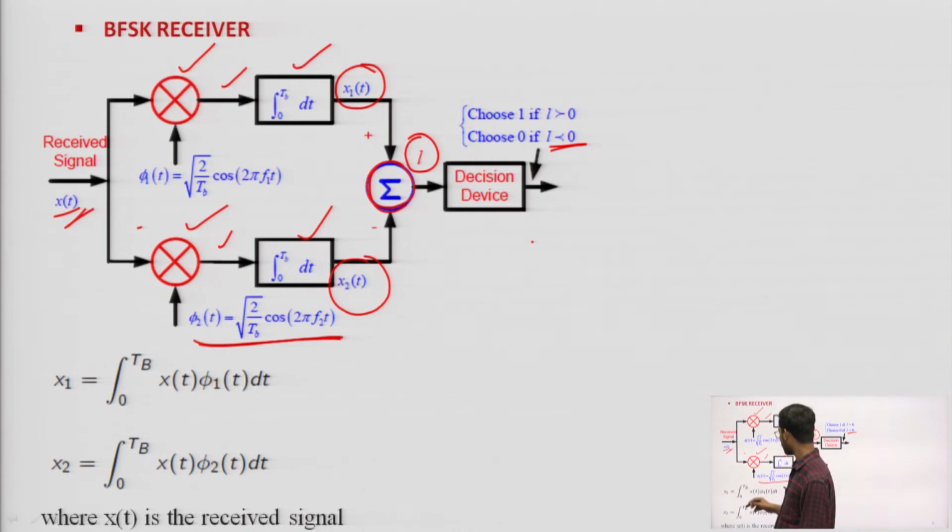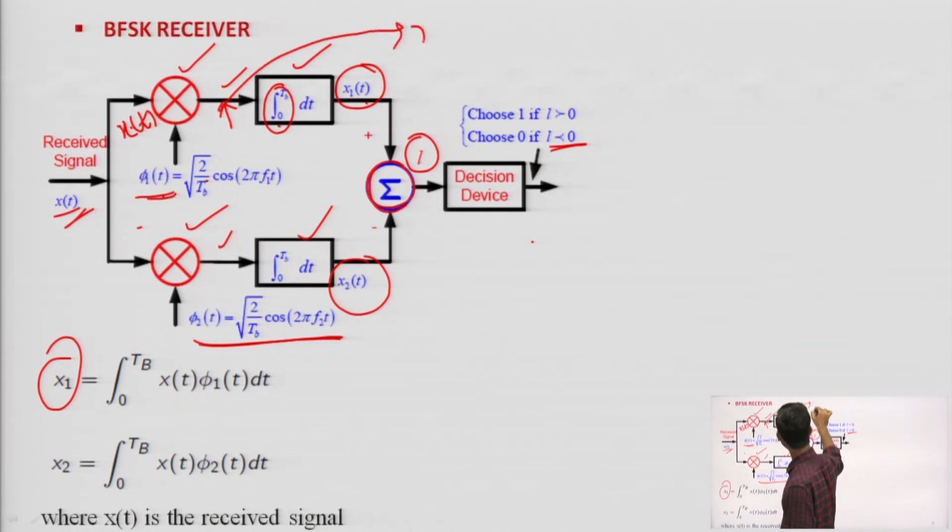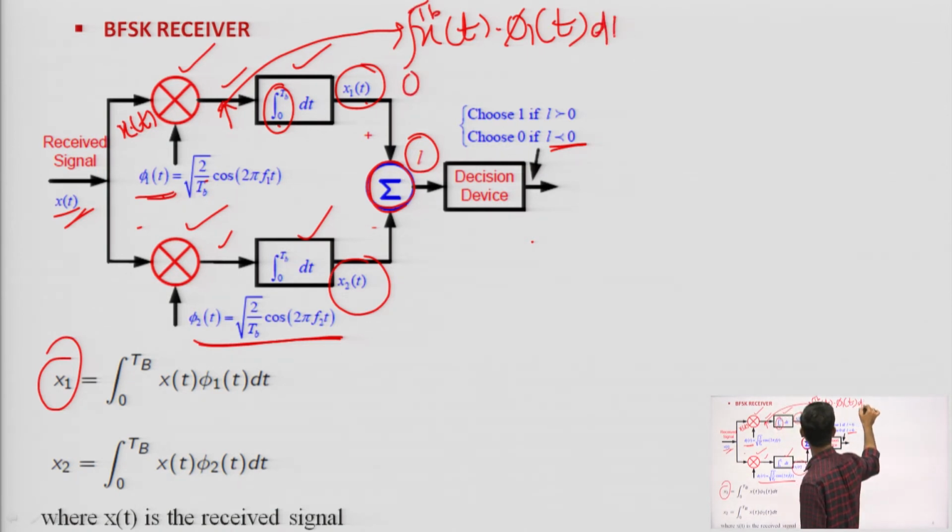So how can I find x1? That is the integration from 0 to Tb. The incoming signal is x of t, multiplied by phi 1 of t, and that is integrated in the integration device from 0 to Tb dt. So x1 is the integral from 0 to Tb of x of t phi 1 t dt.